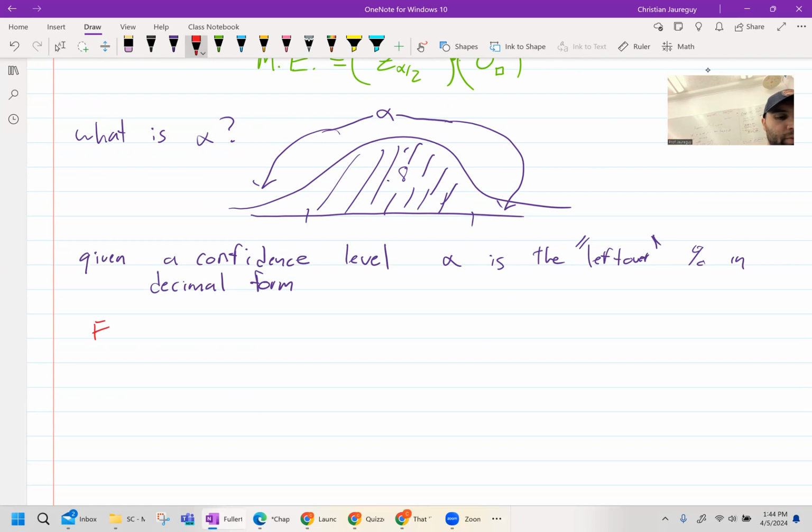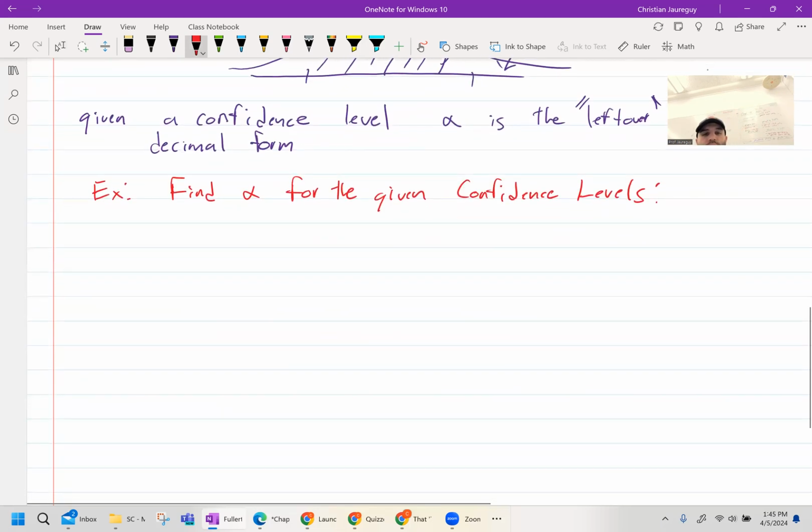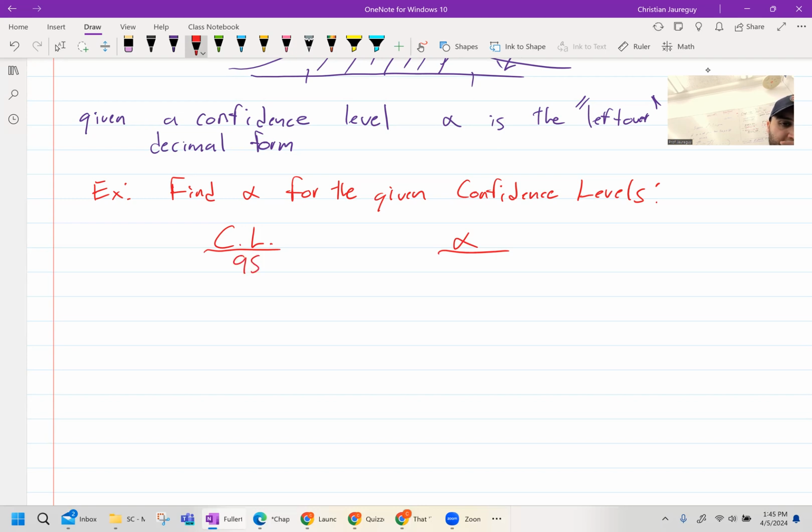So as an example, find alpha for the given confidence levels. Okay, well, I'll make a C level here. I'll make an alpha list here. Let's do the common 95%, 90%, 99%, 80%.